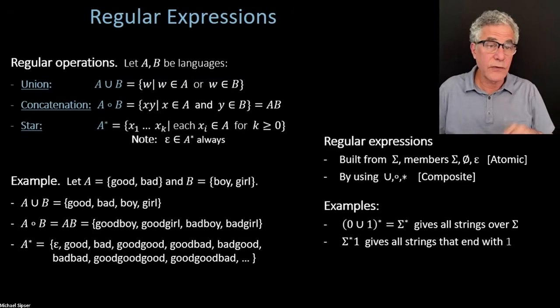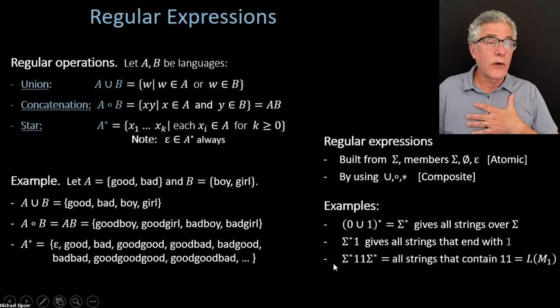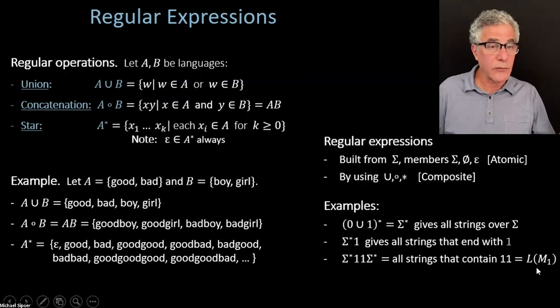Single element sets, single element strings, we write without the braces because it's clear enough without them, and it gets messy with them. So sigma star 1 is all strings that end with 1. Or, for example, sigma star 1 1 sigma star is all strings that contain 1 1. And we already saw that language once before, the language of that other machine we presented one or two slides back.